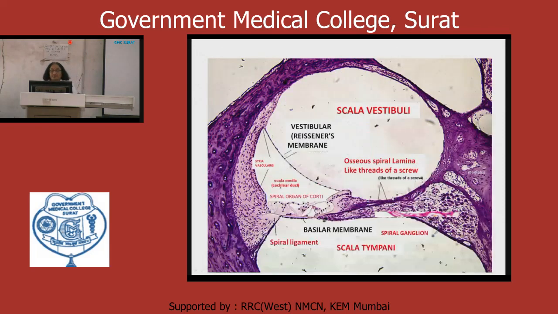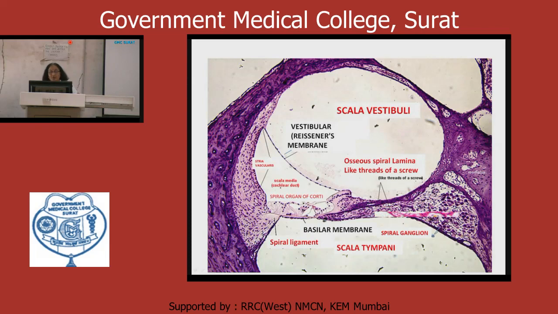In the given diagram you can see the spiral ligament laterally and the osseous spiral lamina in the inner part, right? So the outer part is the spiral ligament and the inner part is the osseous spiral lamina, like the thread of a screw.